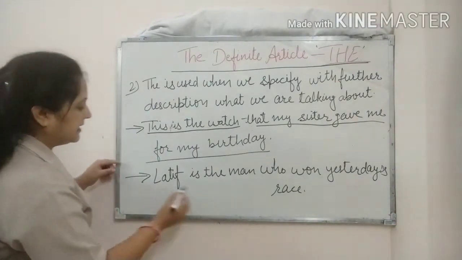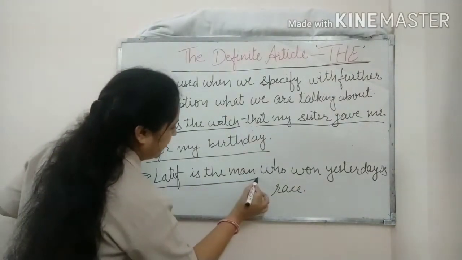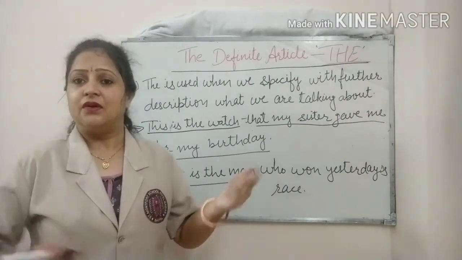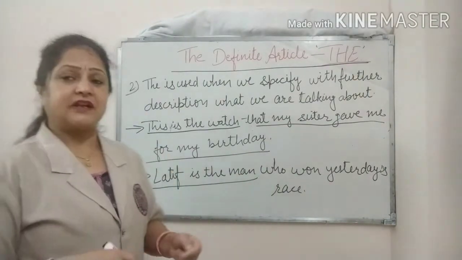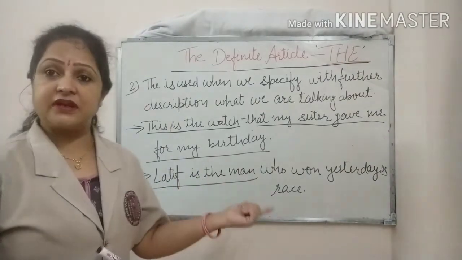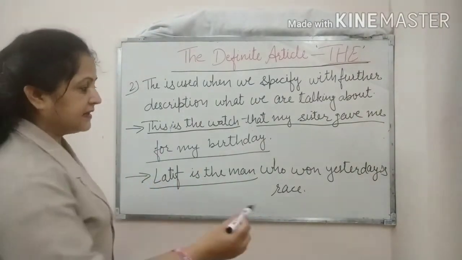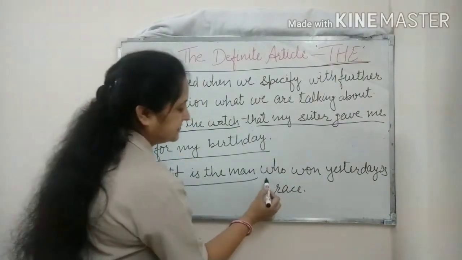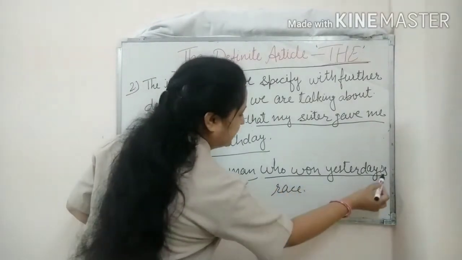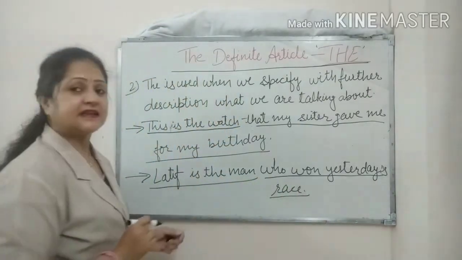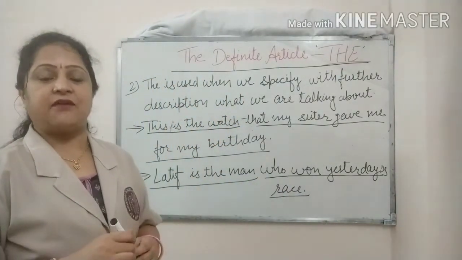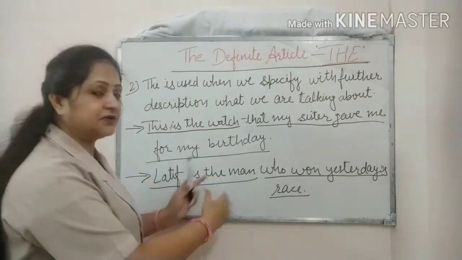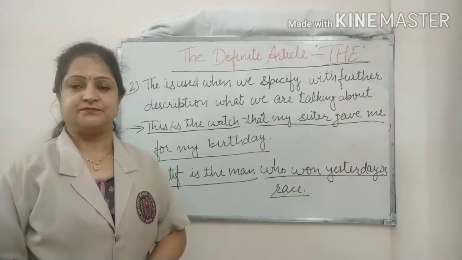If I say Latif is the man, then you will be confused because you don't know Latif. But when I give you more information about Latif, that he won yesterday's race, in that way Latif becomes known to you.